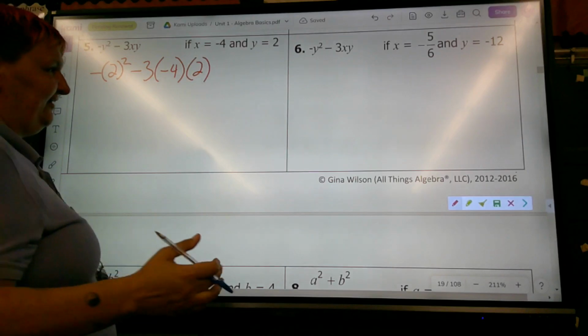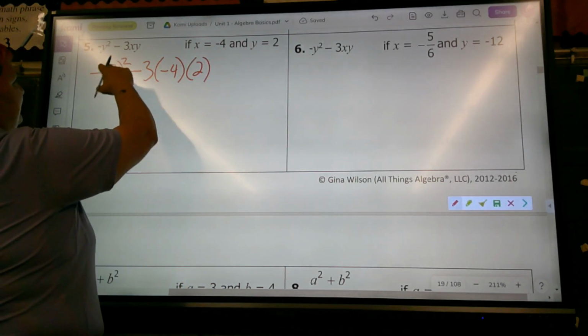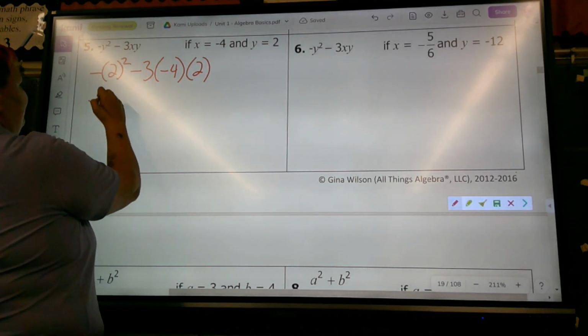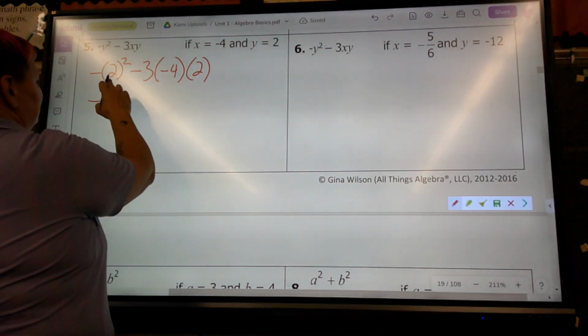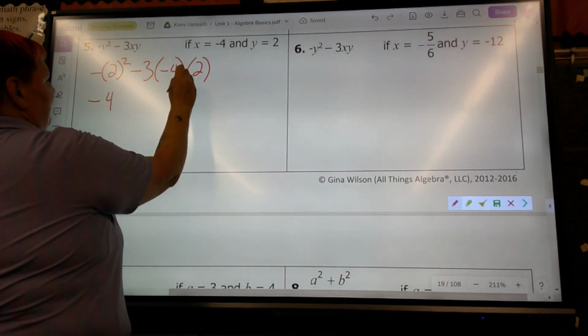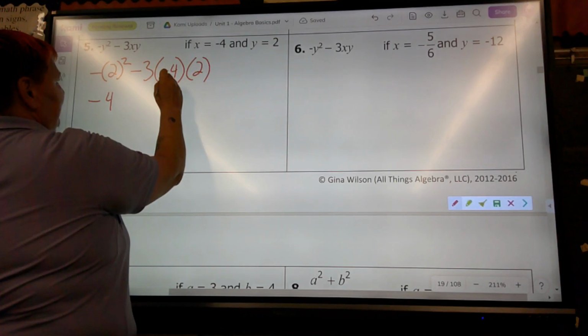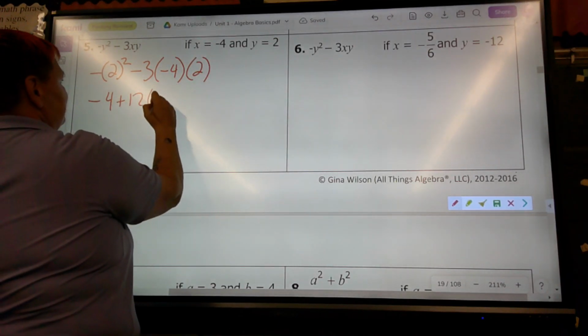Because invisible math. Alright, so 2 squared is 4, so negative 4. And then no other exponents. Right? The next thing is multiplication. Left to right, negative 3 times negative 4 is positive 12 times a positive 2.